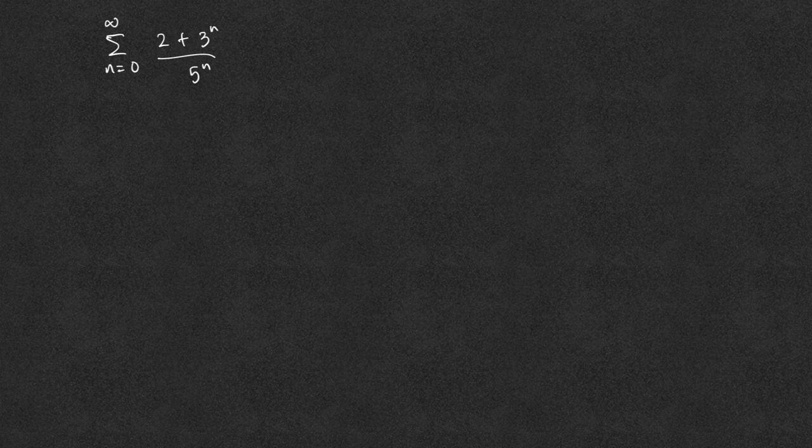For the series as n goes from 0 to infinity of 2 plus 3 to the n power over 5 to the n, at first this might not look like a geometric series, but if we rewrite it as the series n going from 0 to infinity of 2 over 5 to the n plus 3 to the n over 5 to the n.